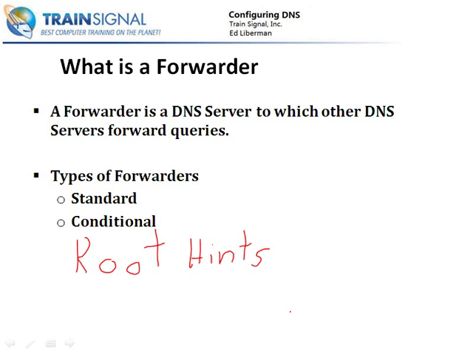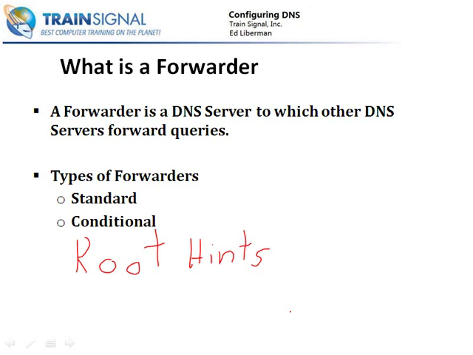But the other two types of forwarders are what's called standard, which is where a DNS server has been configured to look to another DNS server if it doesn't know the answer. So I'm a DNS server, and I get a query, and I don't know the answer. Oh, but look, I've been configured to go ask this other DNS server over here, so I'll just pass along that request.